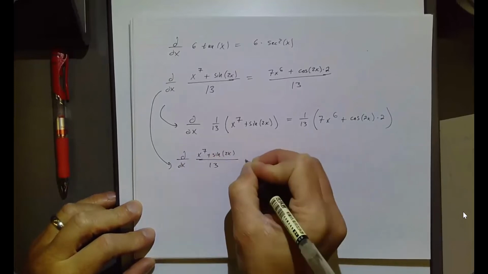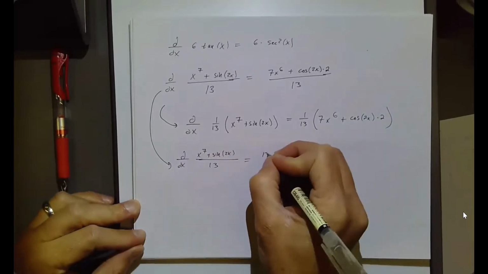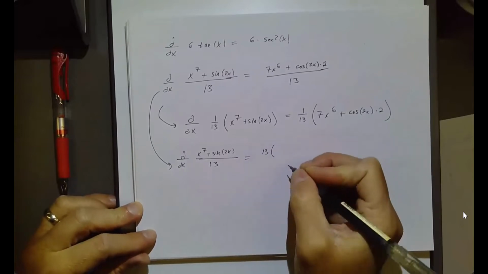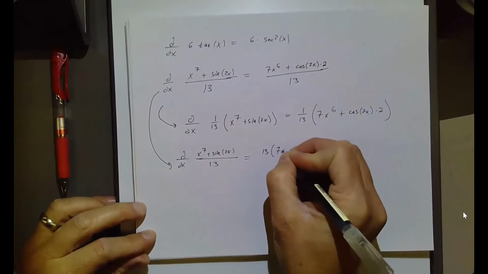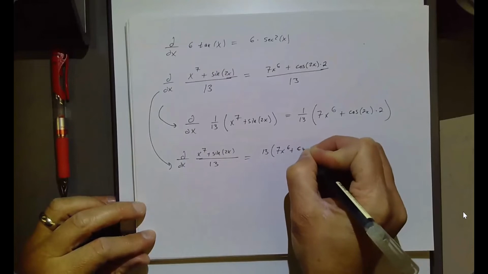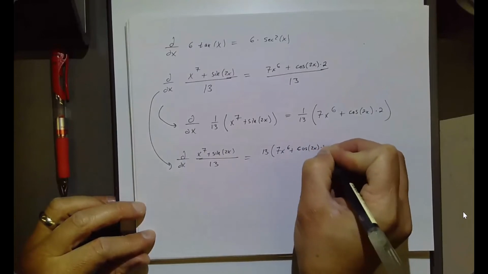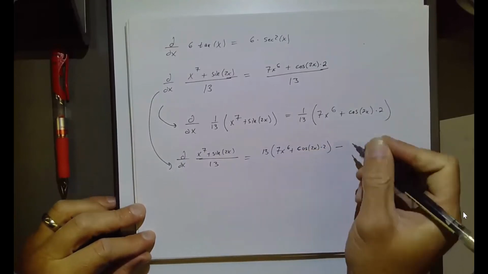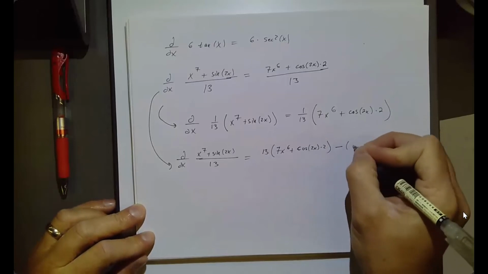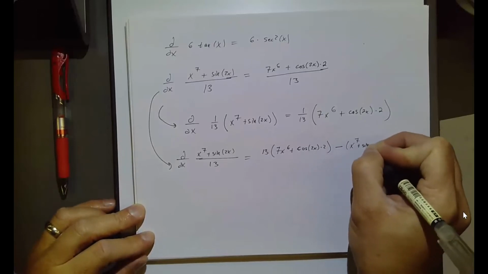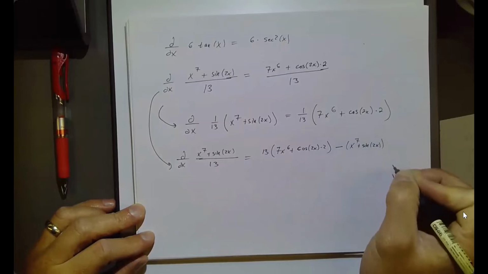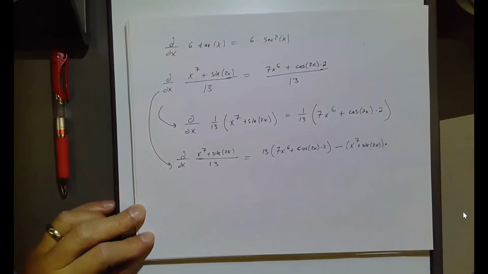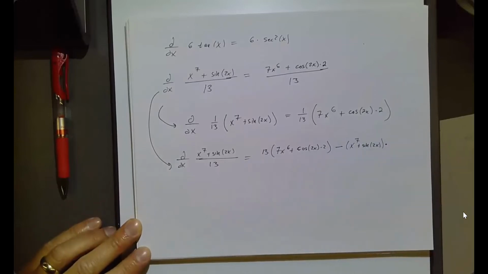So we're going to get the bottom, 13, times the derivative of the top, which is 7x to the 6th plus cosine of 2x times 2, minus the top, x to the 7th plus sine of 2x, times the derivative of the bottom. But the derivative of 13 is what?